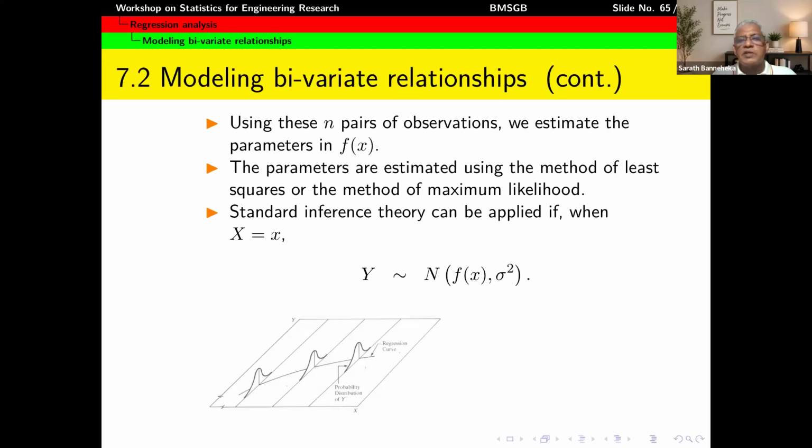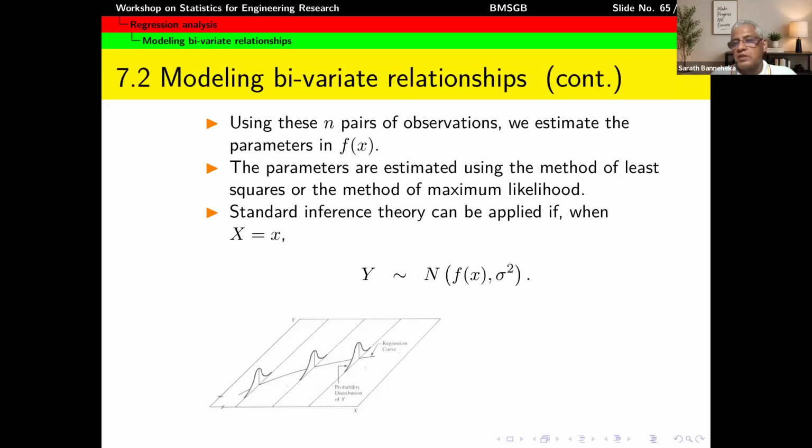The parameters are estimated using the method of least squares or the method of maximum likelihood. These are mathematical methods used to derive the fitted regression line, or to get values for those beta 0, beta 1, beta 2 in the model that we assume.